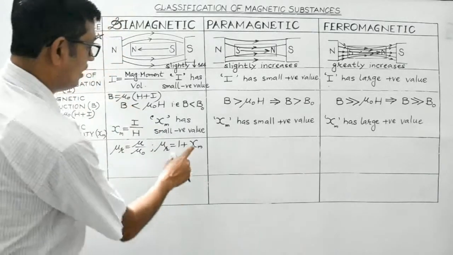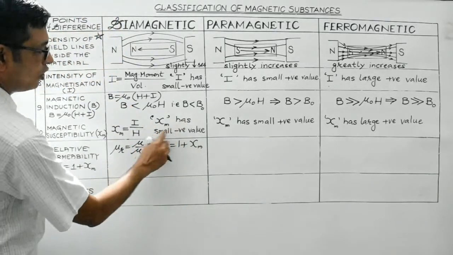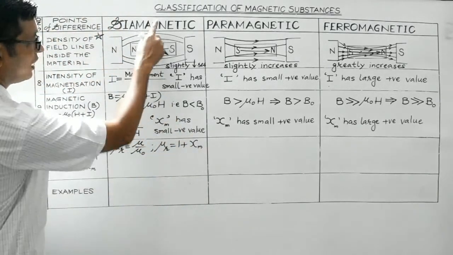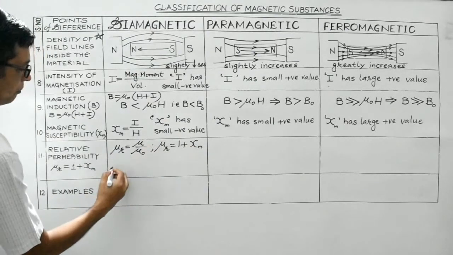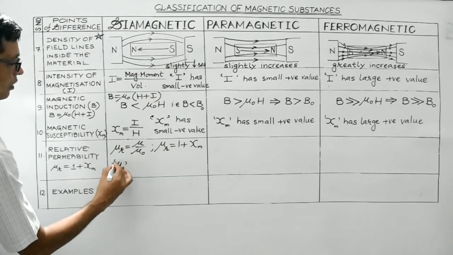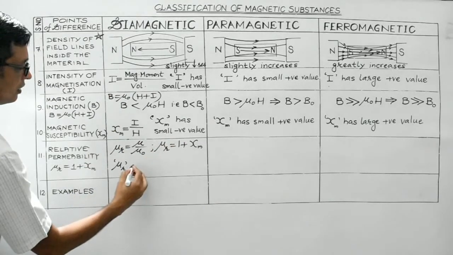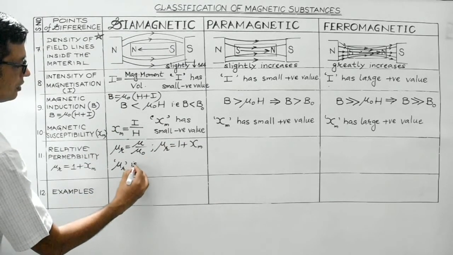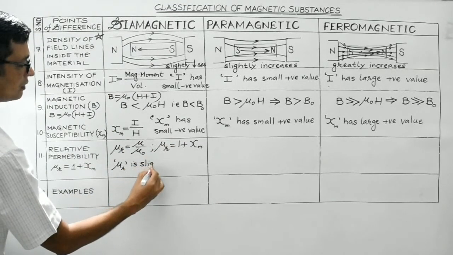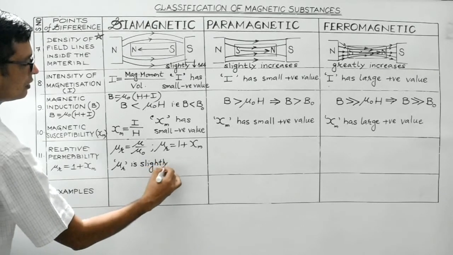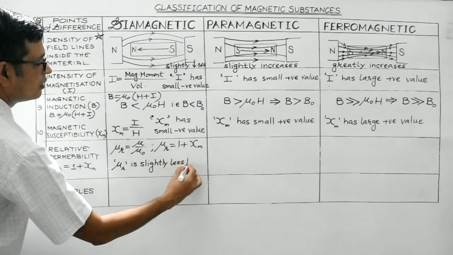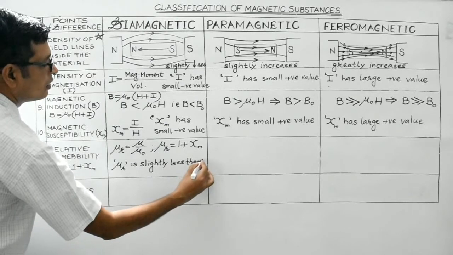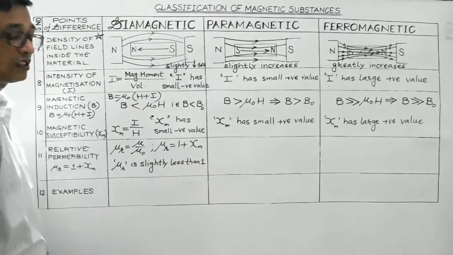Now look students, chi m has small negative value for diamagnetic substance. So, mu r for diamagnetic substance would be slightly less than 1. Is it okay, students?